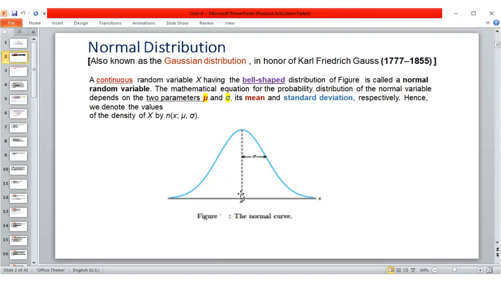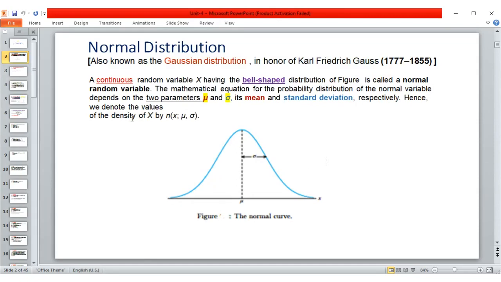In the same way, in the normal distribution, we also have parameters.